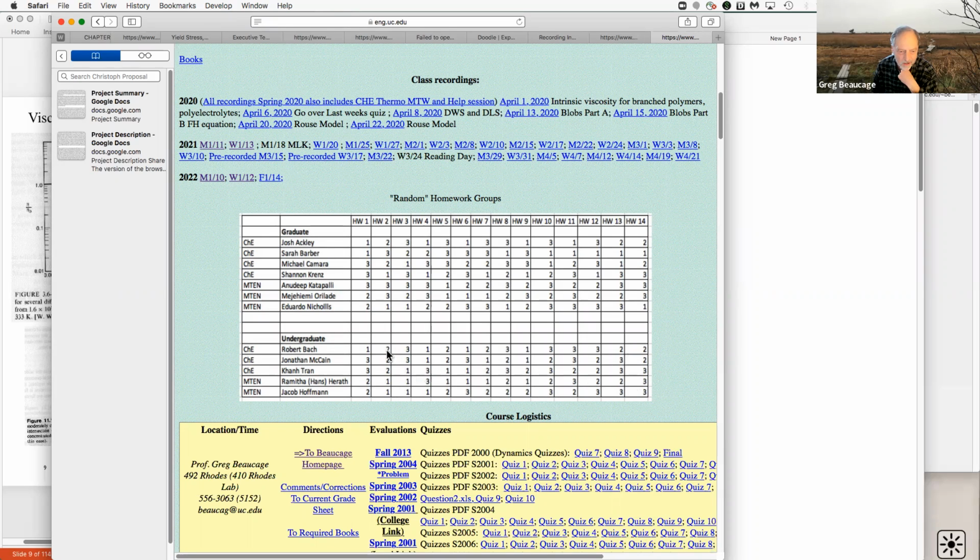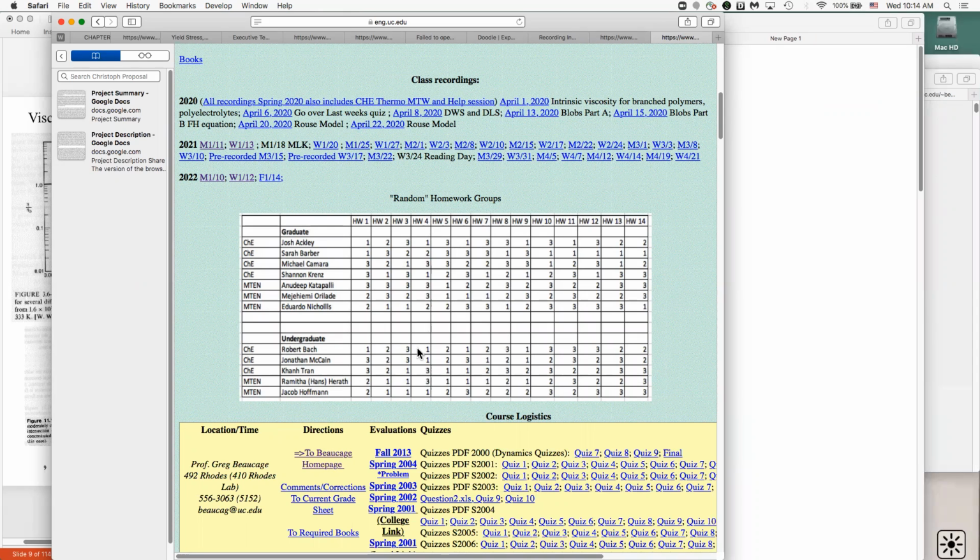Next week, or this week, it'll be group 2 and group 1. I used the old one, so it has a 3 in it, but there are actually only 2 groups. So group 2 sometimes is 3, and sometimes group 3 is 3, and then sometimes there's a group 1. So hopefully you can figure out which group you're in.